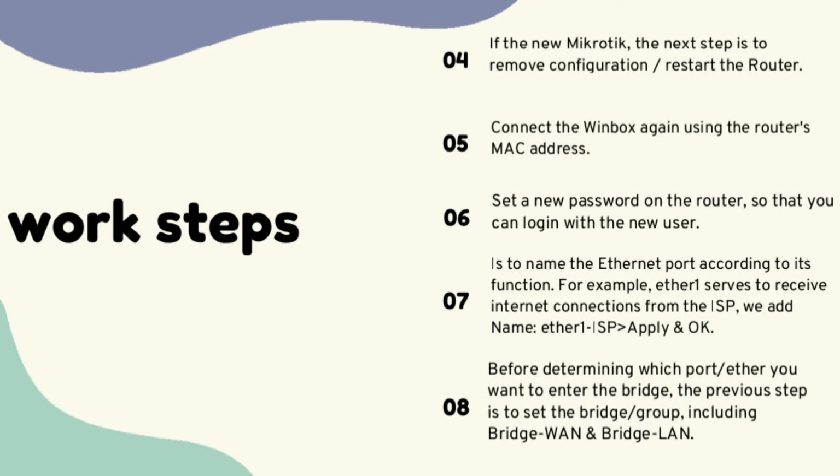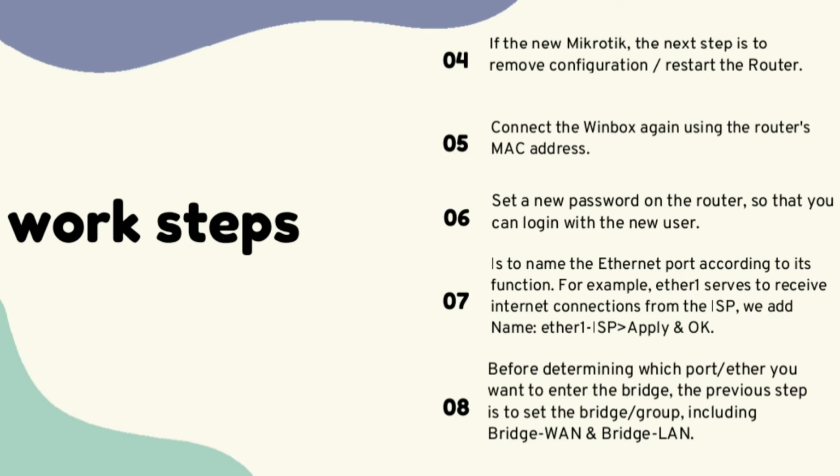Seventh, name the Ethernet ports according to their function. For example, Ether1 serves to receive internet connection from the ISP. We add the name Ether1 ISP, apply and OK.